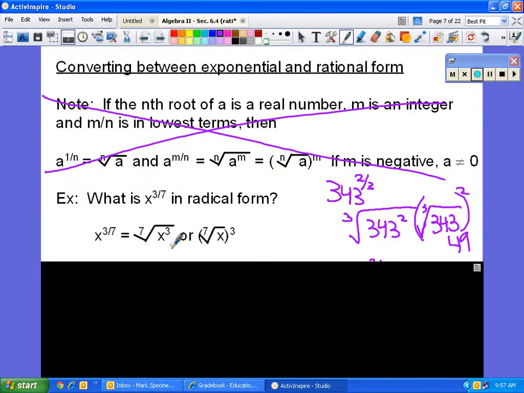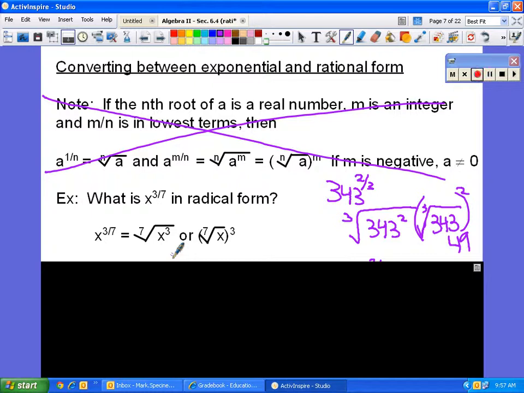I can either raise x to the 3rd power and then take the 7th root, or I can take the 7th root first, get an answer, and raise that to the 3rd power. Depending on what your problem is asking, you will determine which way you should use, because it's going to be easier one way or the other.